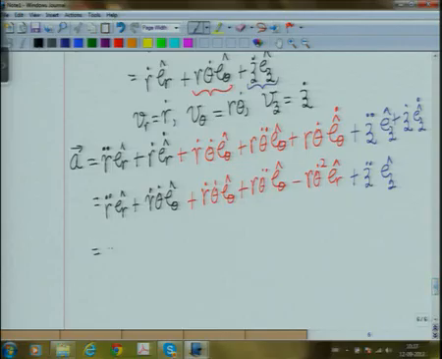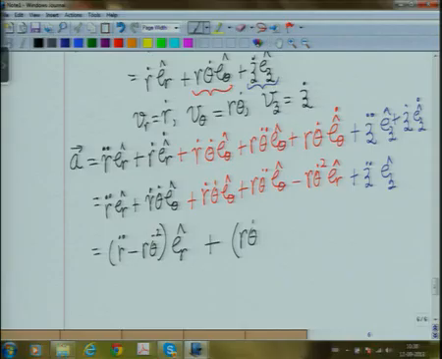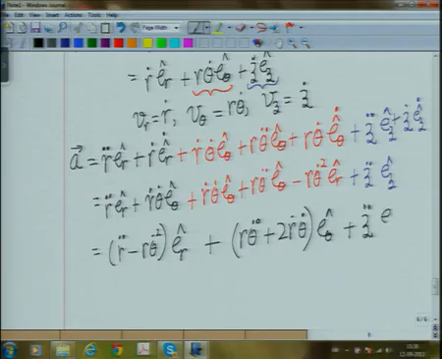So now I will combine all the er terms together. This becomes equal to (r double dot minus r theta dot square) er plus (r theta double dot plus 2 r dot theta dot) e theta, so I do this, and then this is what I get.